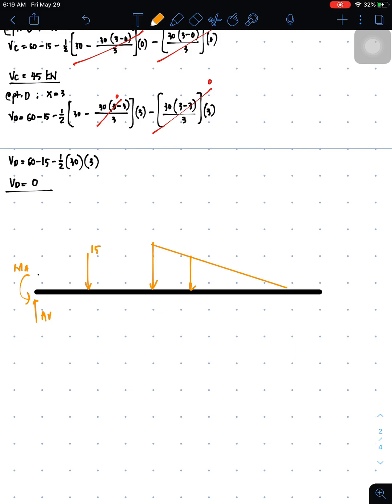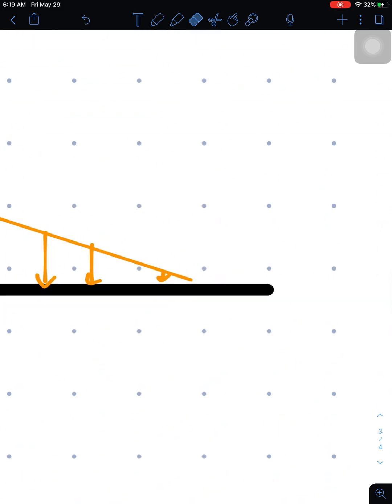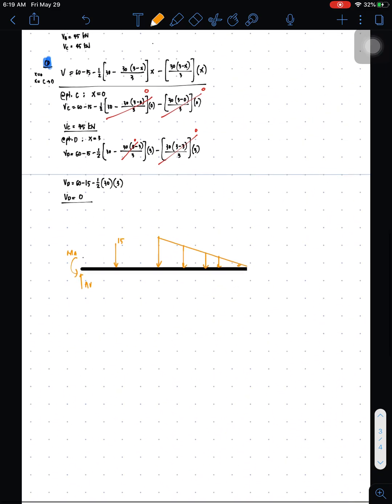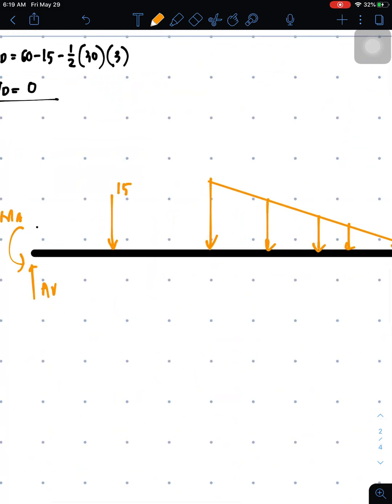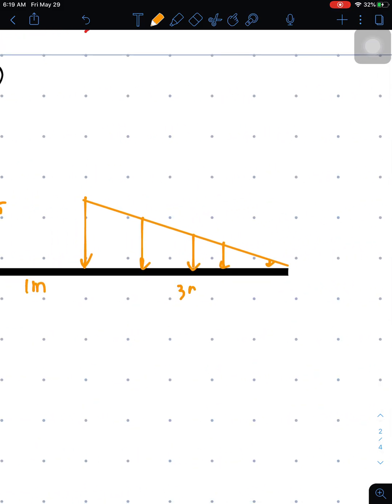So here, rest it. How many meters is this? 1 meter, another 1 meter, then this is 3 meters, and this is 30.